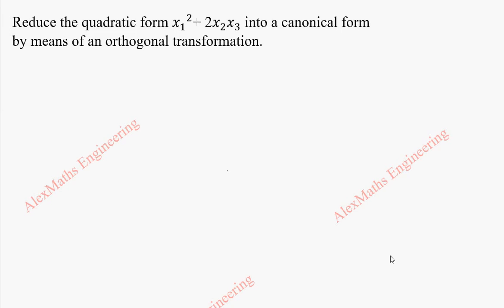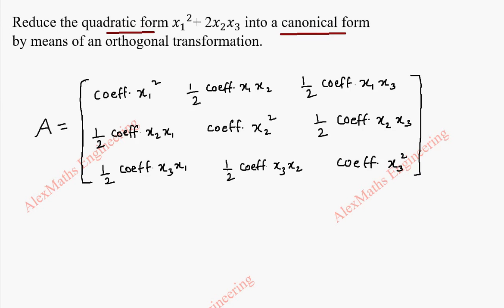In this video, we are going to reduce the quadratic form into canonical form. So the first part, we have to write a matrix A. The matrix A formula is, by using this, we get the matrix A as the first element is 1 and there is no x2, x3, x1, x2 term, so it is 0.